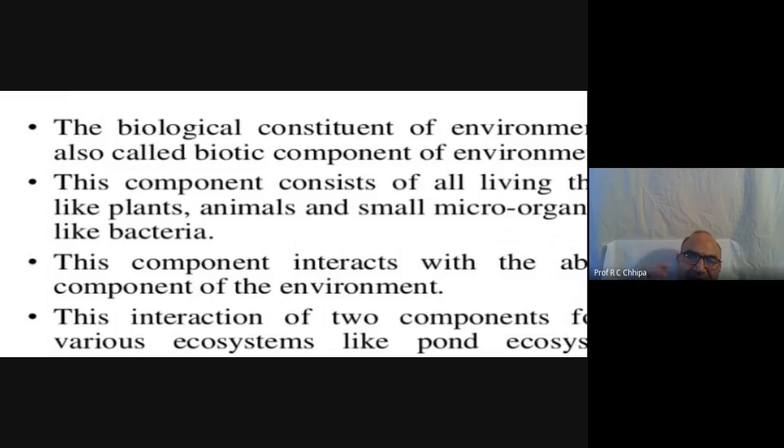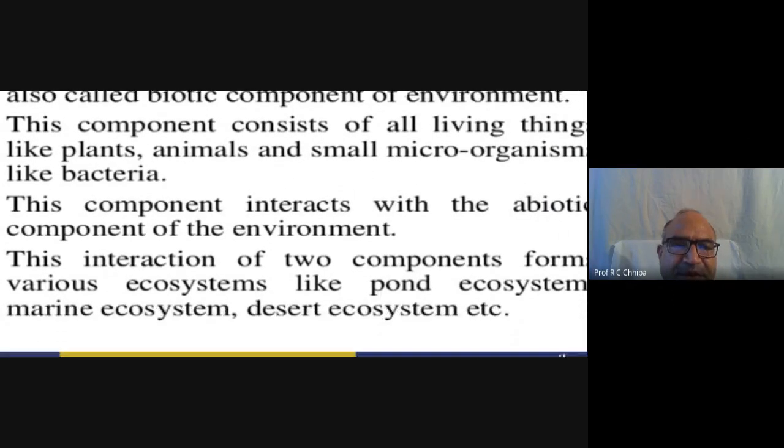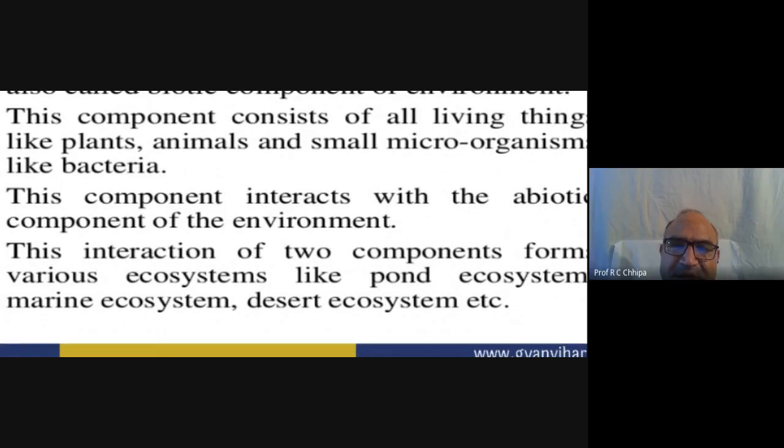The systematic study of plants is called botany, and the systematic study of animals is zoology. The biological constituent of the environment is also called the biotic component of the environment. This component consists of all living things, such as plants, animals, and small microorganisms, even bacteria.